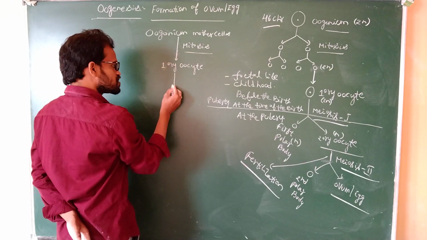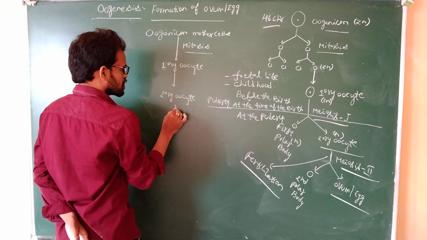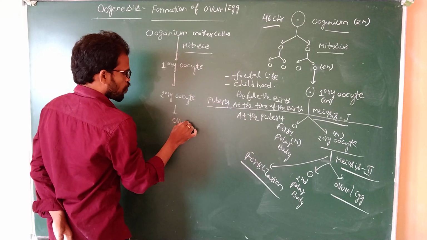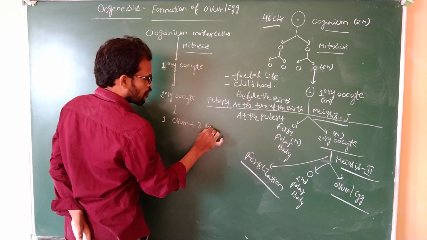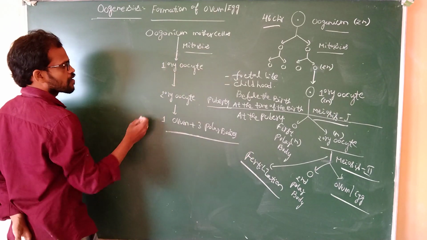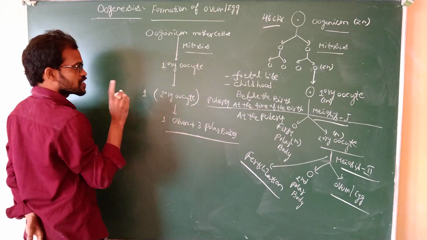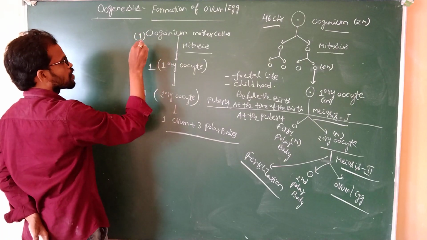The primary oocyte gives the secondary oocyte. The secondary oocyte will be the ovum or egg cell, plus three polar bodies. How many secondary oocytes? One. How many primary oocytes? One. How many oogonia? One.